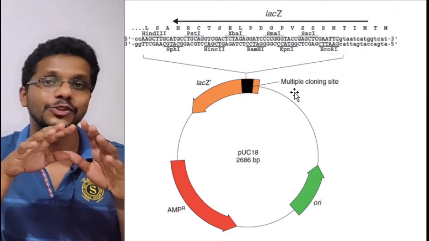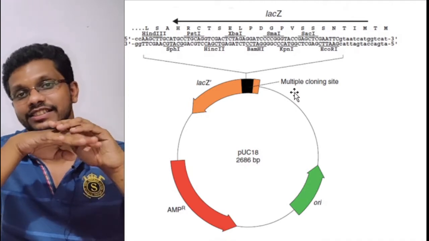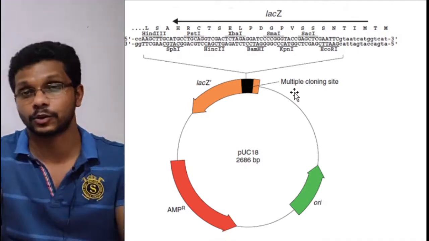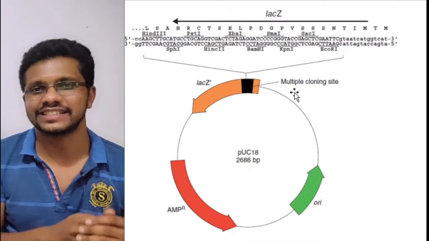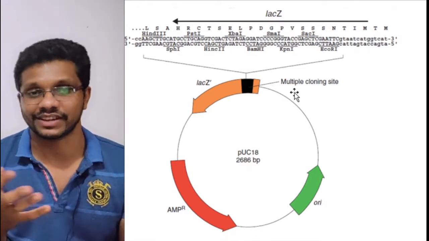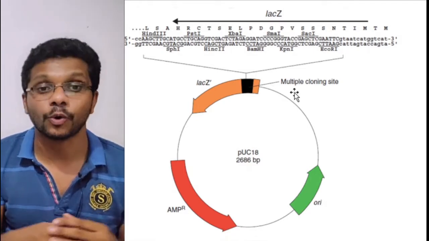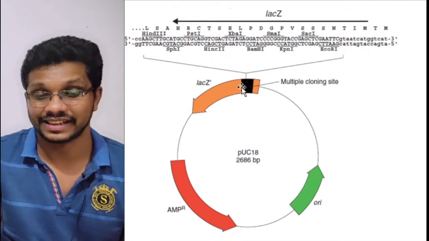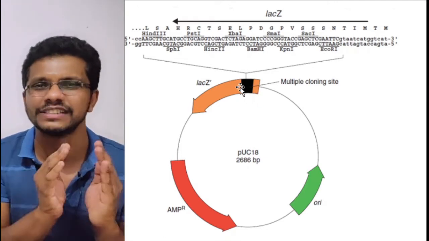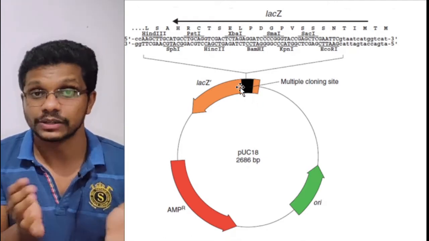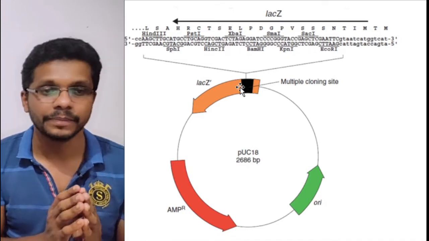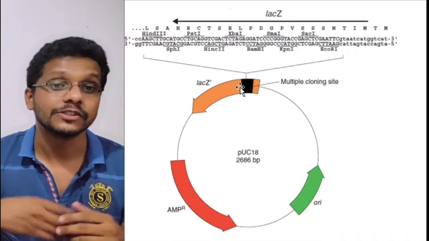In pBR322, you have seen that the restriction endonuclease sites are spread across the plasmid. We can see restriction endonuclease sites everywhere. But here you cannot see that. All the restriction endonuclease recognition sites are packed into a small region which is called the MCS, or multiple cloning site. It's also called polylinker DNA.